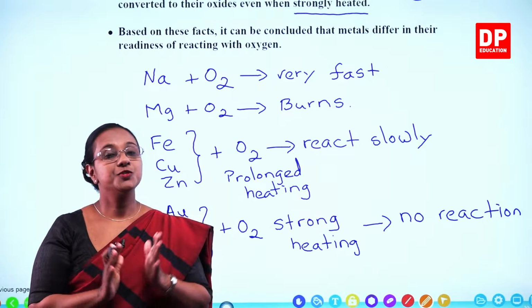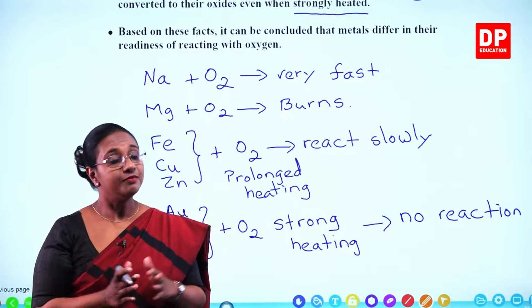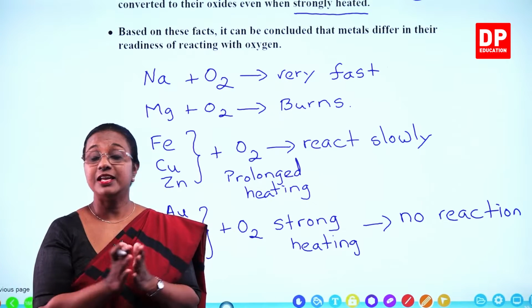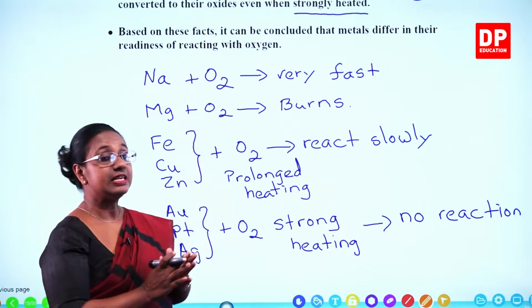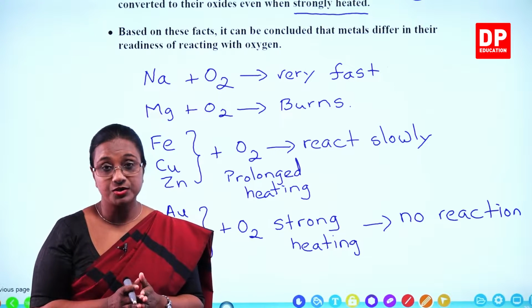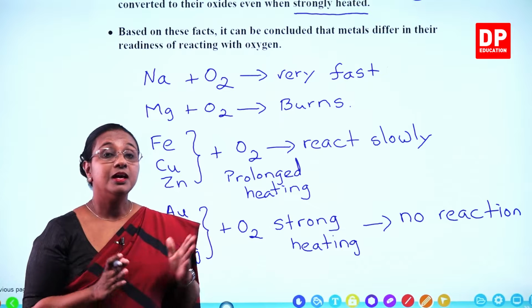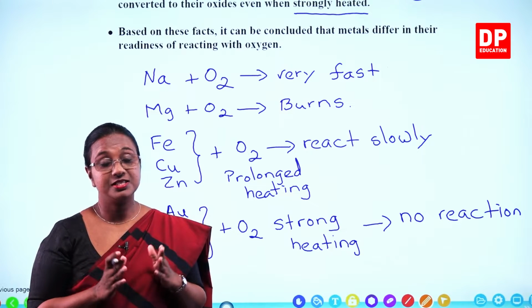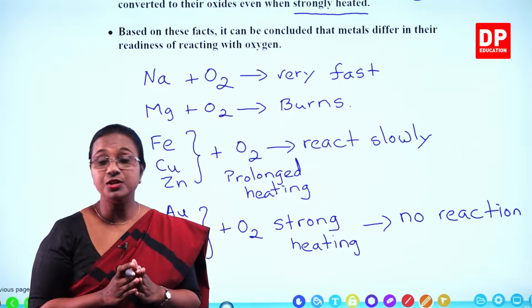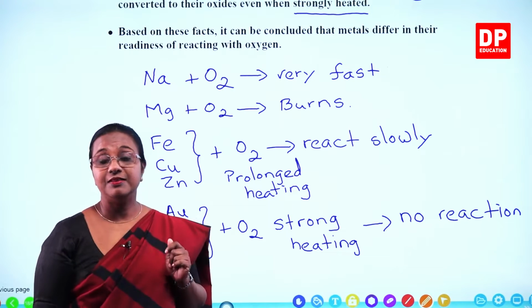Okay, students. So you observed how sodium reacts with air. When you expose it to air itself, it reacts. Magnesium burns with oxygen, giving magnesium oxide. When you heat iron, copper and zinc, the color tarnishes. The shine is lost. That's all you were able to see. But only on prolonged heating, they will react.